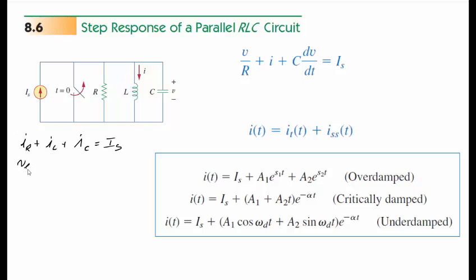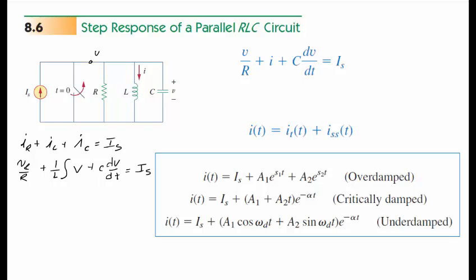So that's a V over R, which is the same V everywhere, plus 1 over L integral of V plus, and for I sub C we have C dV dt equals IS. So this looks like, I mean, we're doing KCL and these are currents that we're adding together, but it looks like the solution is a voltage function, which yes it is.